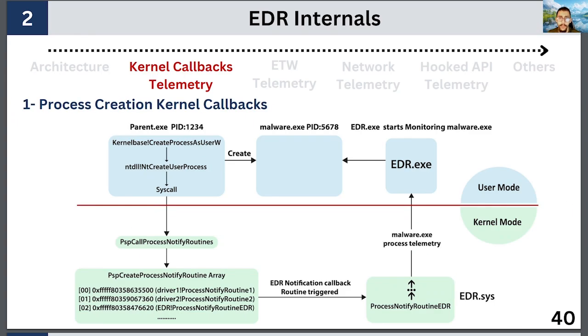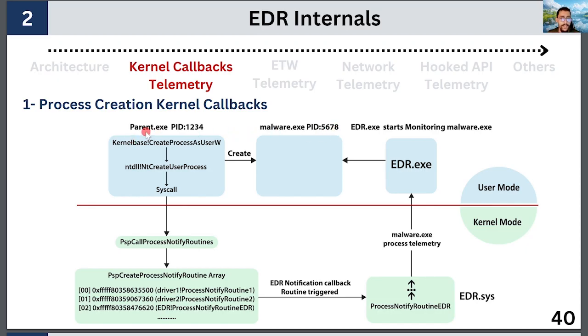This diagram illustrates the execution flow of a process creation event that triggers a kernel callback, leading to EDR telemetry collection. A parent.exe, a parent process with PID 1234, initiates the creation of a new process, malware.exe, with PID 5678.